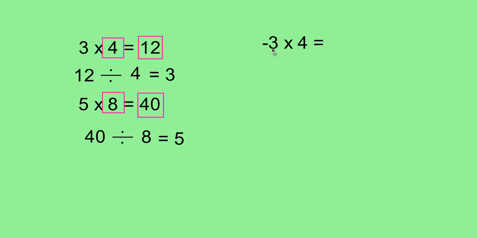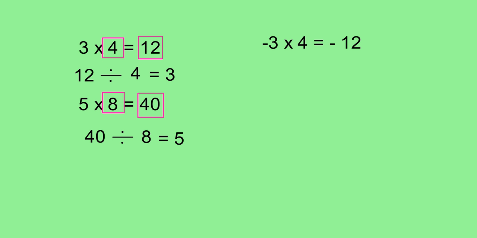Now what is negative 3 into 4? Since it is different sign, the product sign will be negative. So you will get negative 12 as answer. Now as in the first case, how can we change into division here?